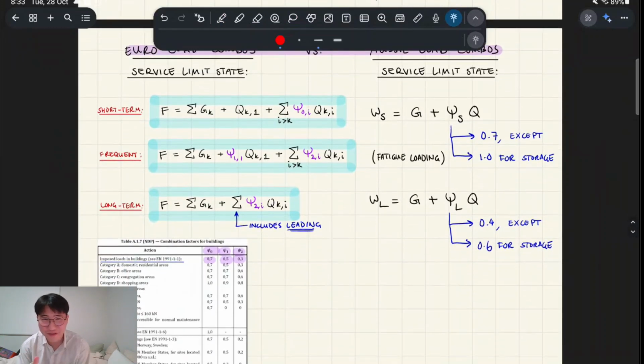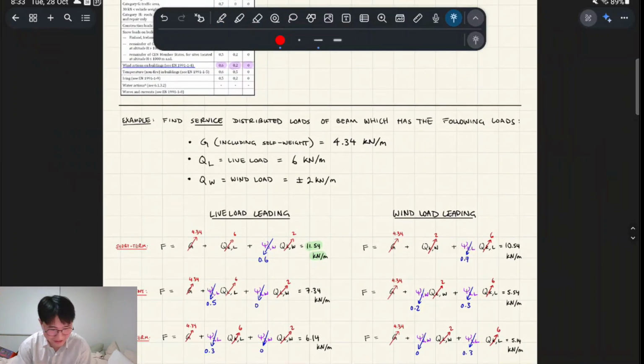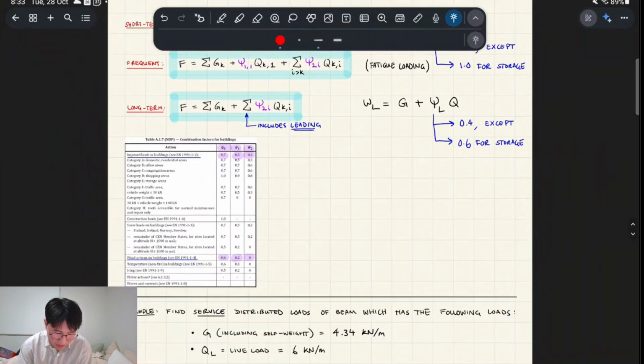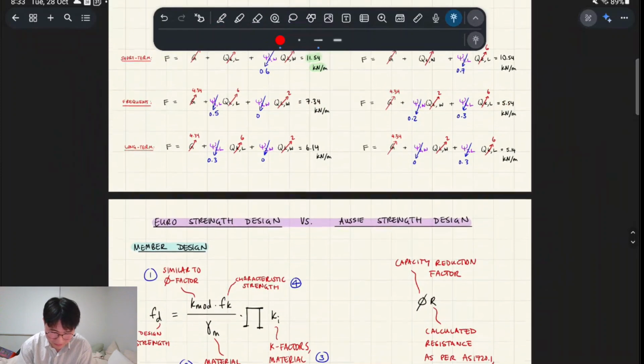This will make so much more sense when you slowly work through this and try to do the question yourself, because it's just a jumble of numbers right now, and I won't be able to teach it to you by explaining it. You just need to do it and be like, okay, that's how it works. Because the European code is super trippy when you first look at it. But just trust me, it'll make sense when you do one question on it. Okay?